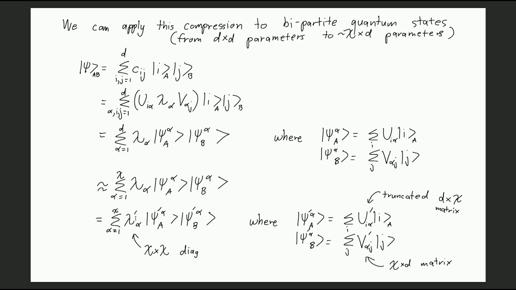And then you'll get an approximation of the state which can be described using fewer parameters. So these orthogonal states now can be represented using these truncated matrices. Okay. Any questions about this?